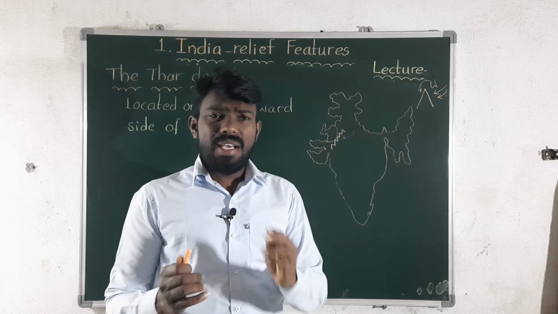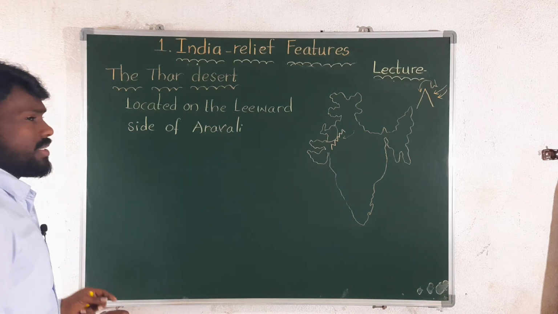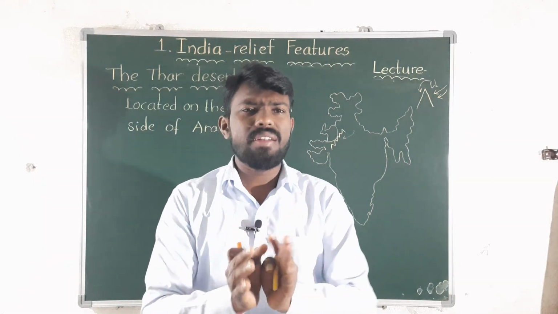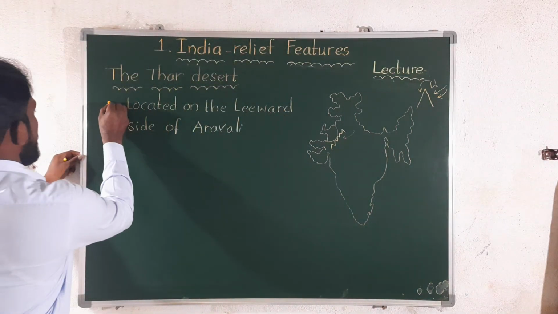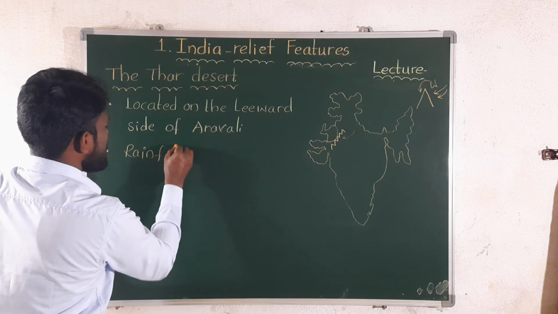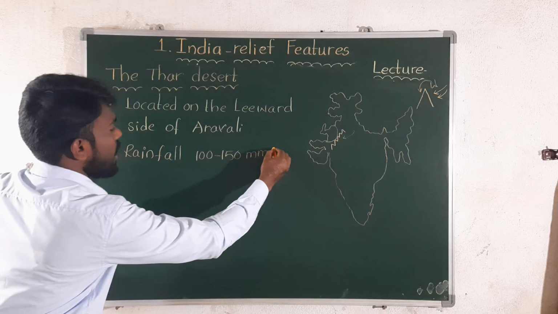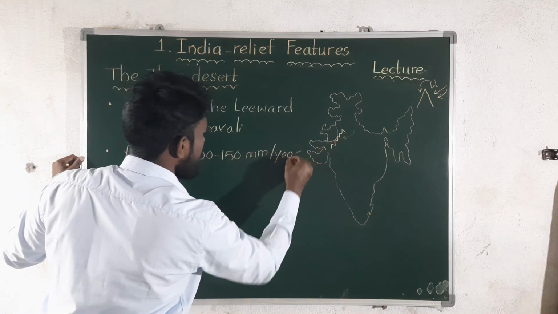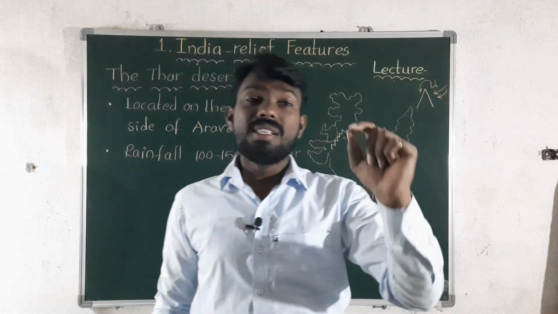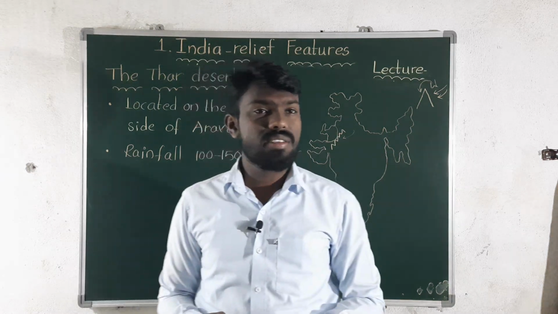The Thar Desert receives very low rainfall, ranging from 100 to 150 millimeters per year, which is very scanty rainfall.